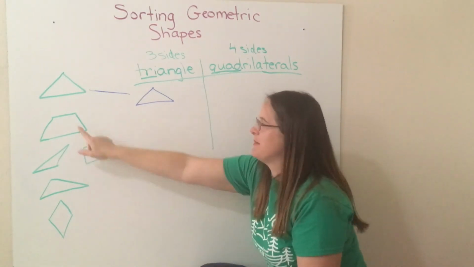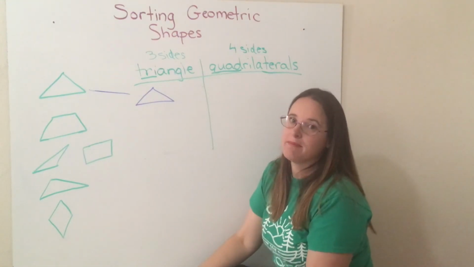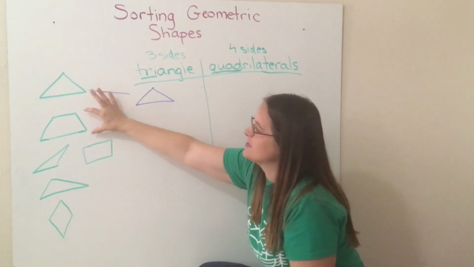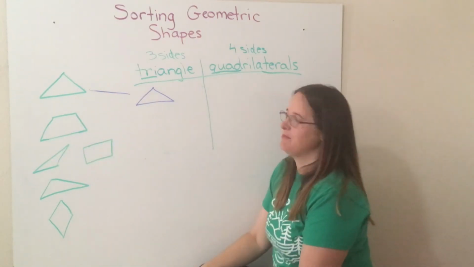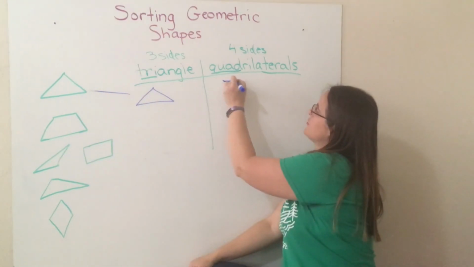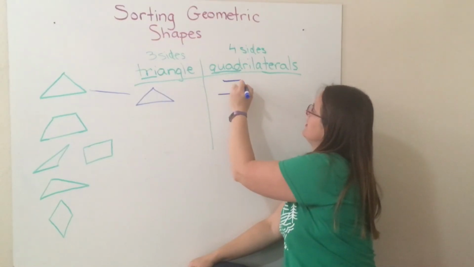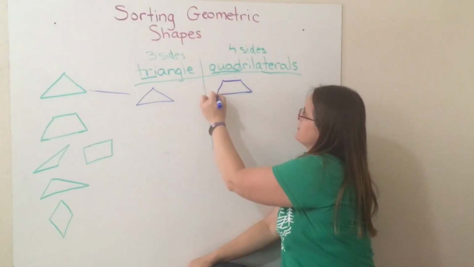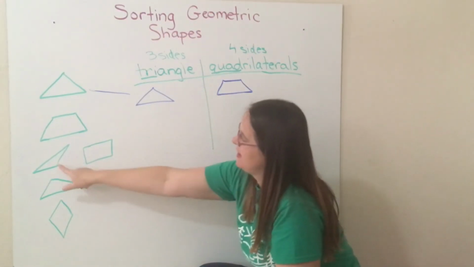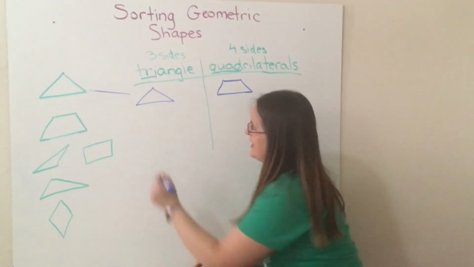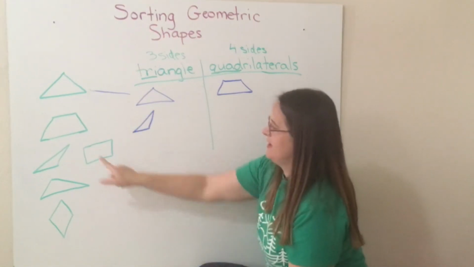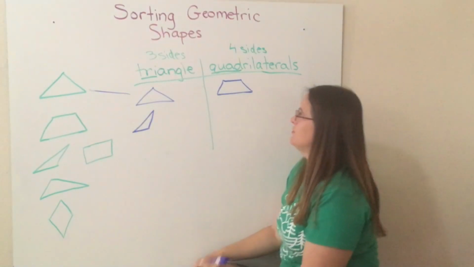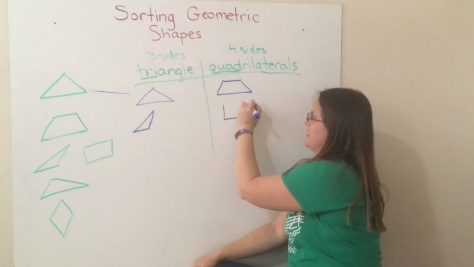Bonus points if you remember that this is called a trapezoid. A trapezoid has 2 parallel sides and then 2 sides that are not parallel. Okay, so our trapezoid is a quadrilateral. Here's another triangle. Our rectangle has 4 sides, so that's going to be a quadrilateral.